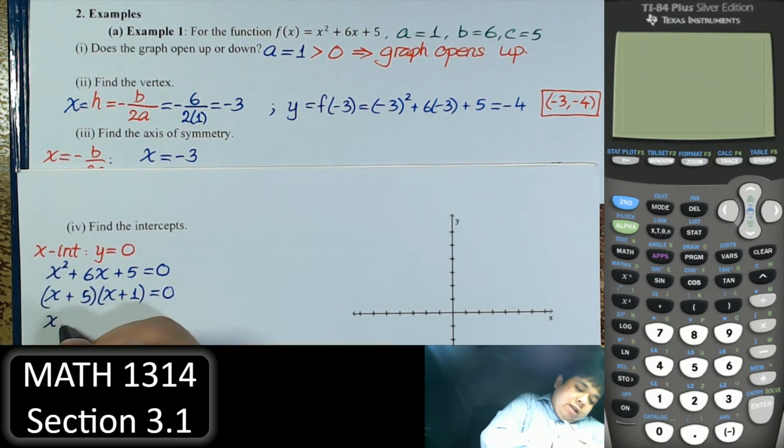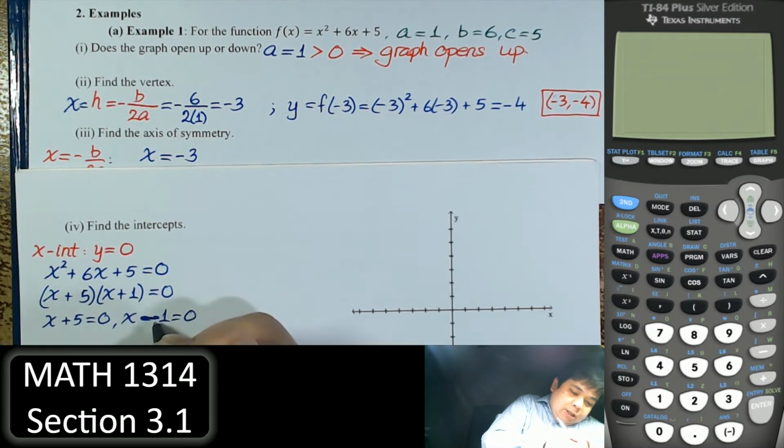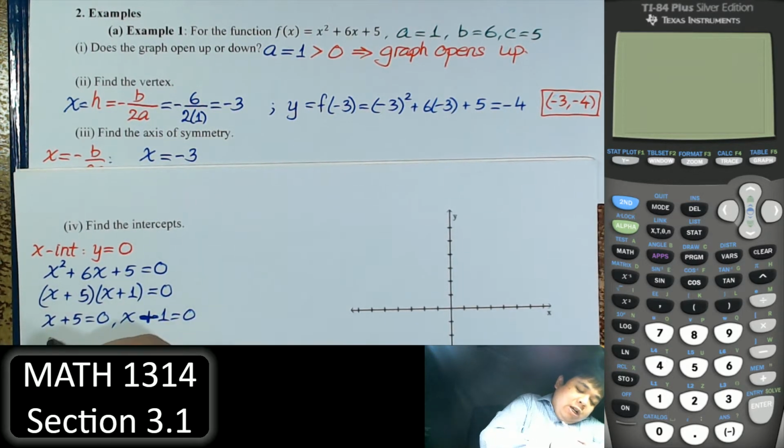So I have x plus 5 equals 0, x plus 1 is 0, sorry, so x equal to negative 5, or x equal to negative 1.